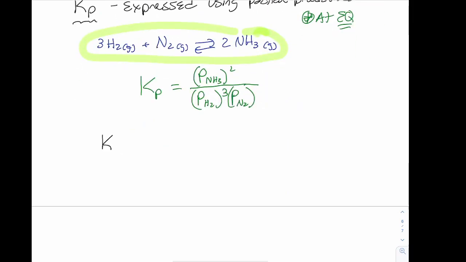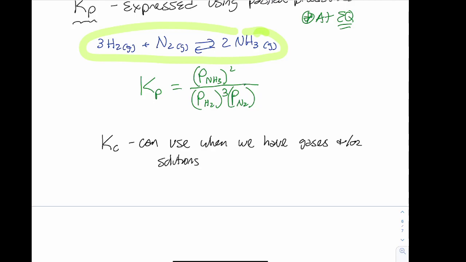So we can use Kc when we have gases and or solutions. So it can be just gases, it can be just solutions, it can be both.